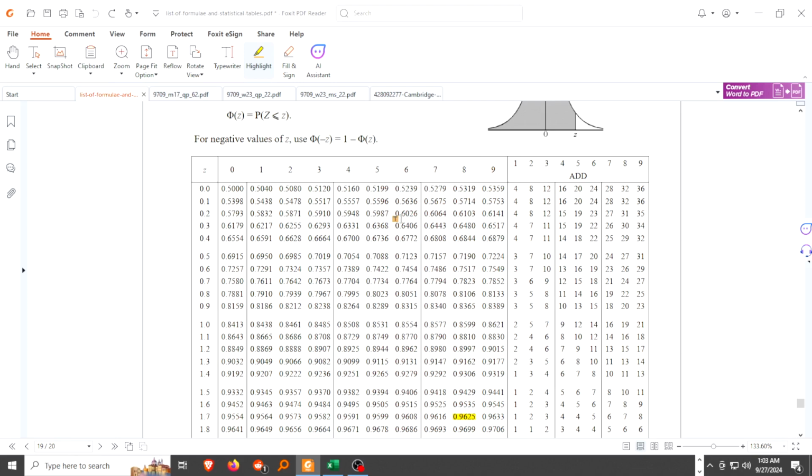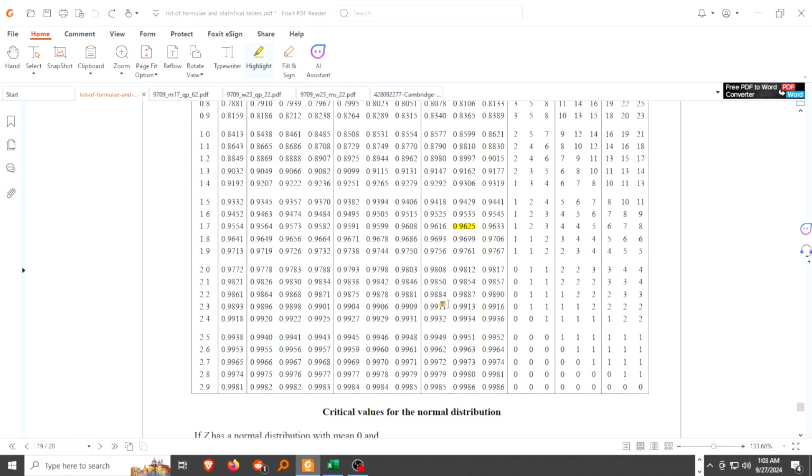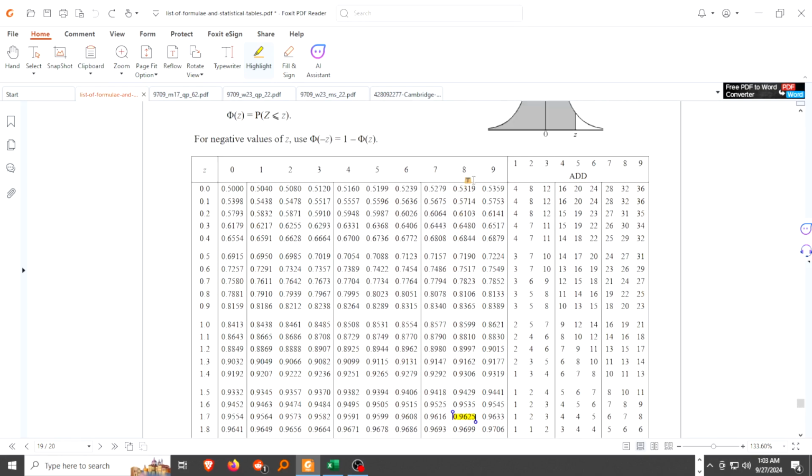That's a probability. We check it within the body of the table. So 0.9625, it's here. Yes. And it corresponds to a Z reading of 1.78. And so that is our Z value that we use to work out the standard deviation.